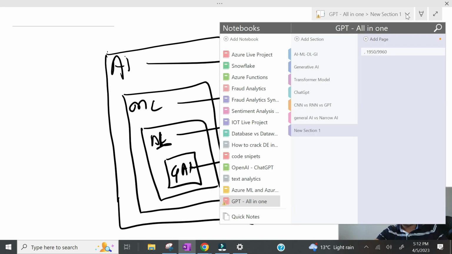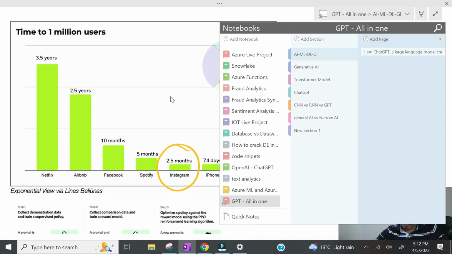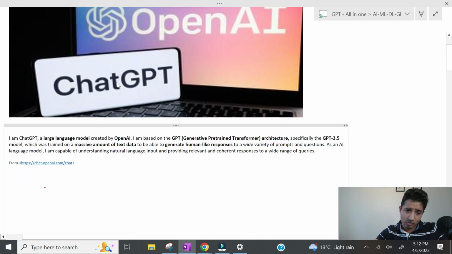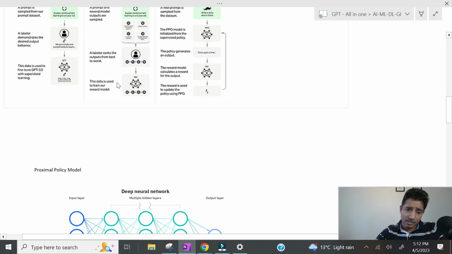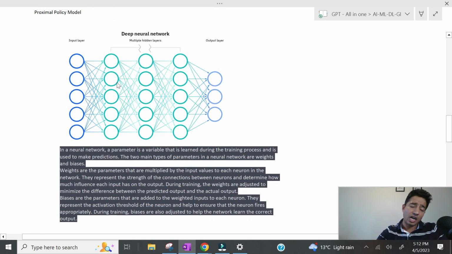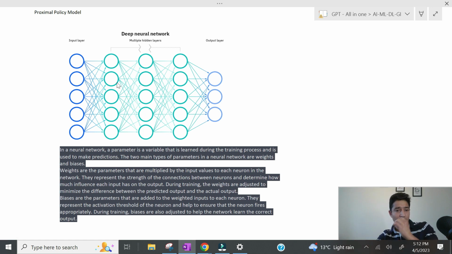So let's go to our first notebook. So what we know is, this is how your neural network works, because we're going to be talking about deep neural networks and generative AI neural networks. So in a neural network we have neurons and we have layers, right?